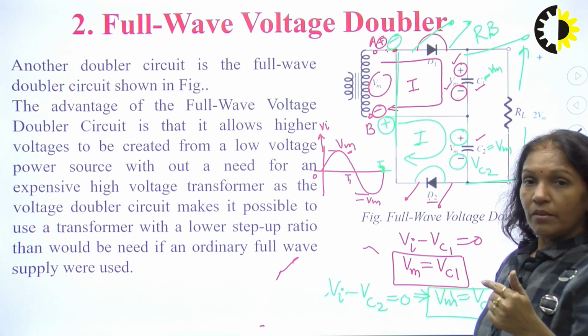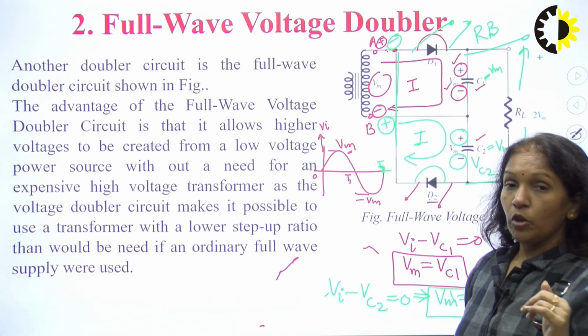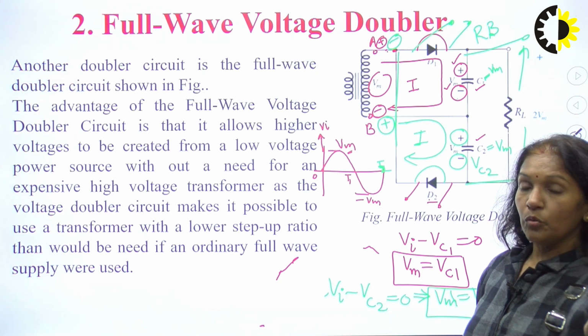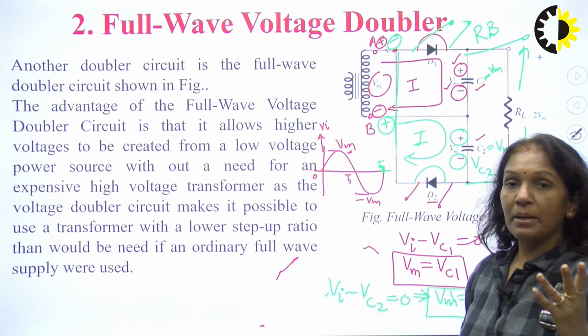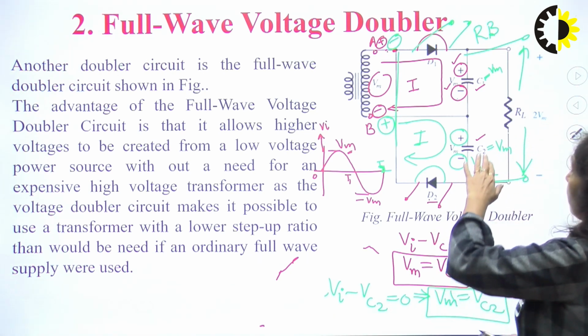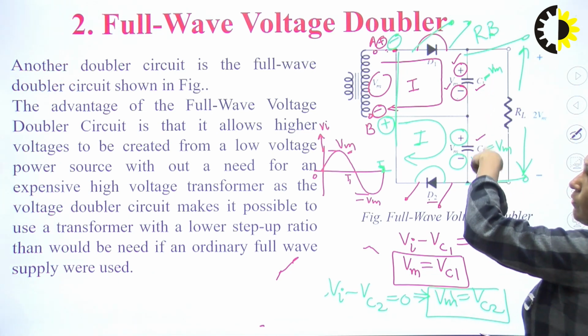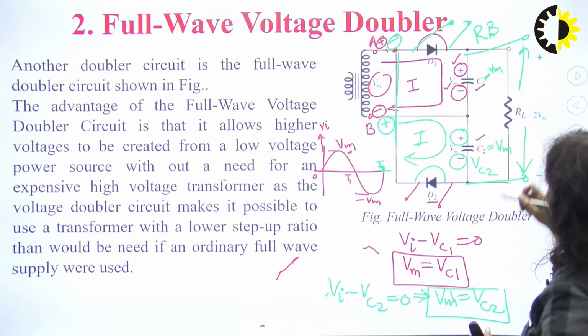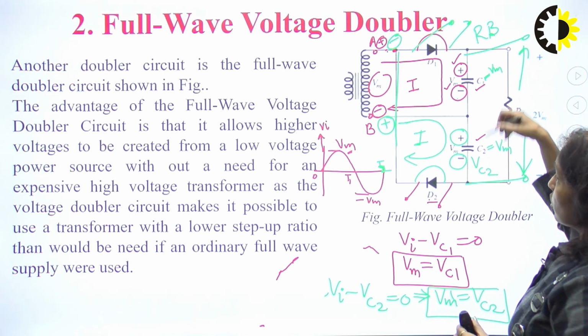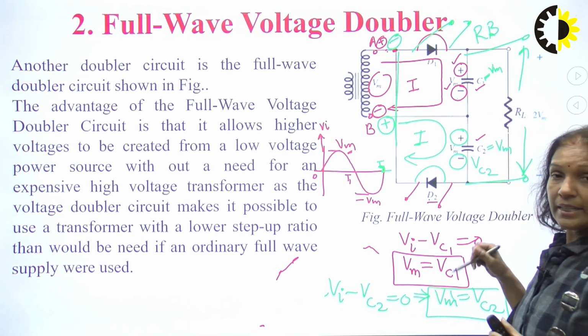So, if we compare the two, then in case of the half wave voltage doubler, we get the negative voltage, that is minus 2 Vm, across the second capacitor C2, while in case of the full wave voltage doubler, this voltage is appearing across the two capacitors which are connected in series.